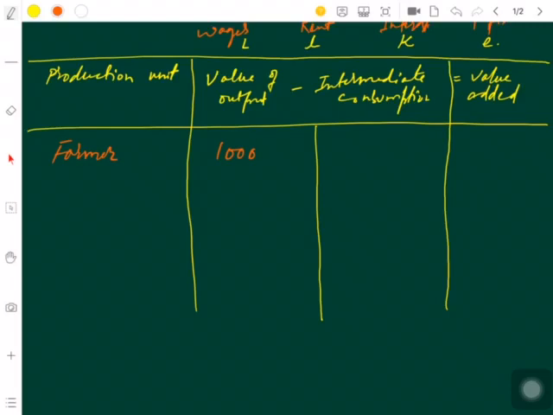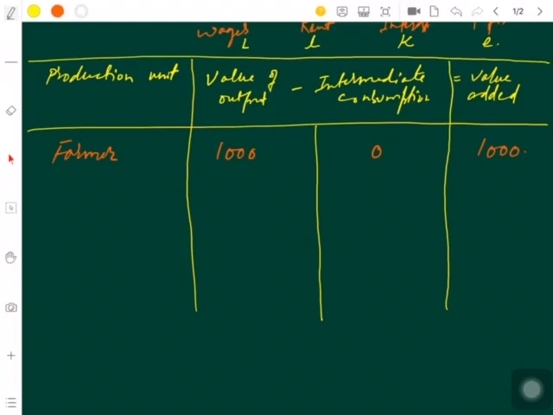And for this very example, suppose this farmer has used no inputs. Everything was with him only. So there is no intermediate consumption. We will put it as 0. So if we would see in an economy, this farmer has added a value of rupees 1000.